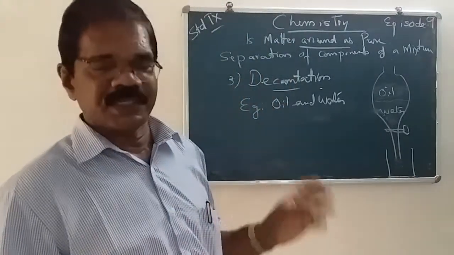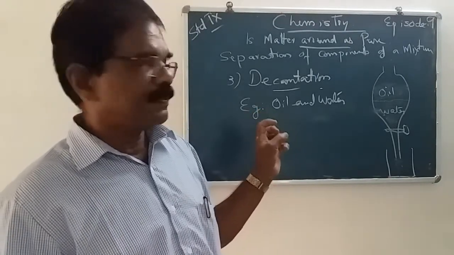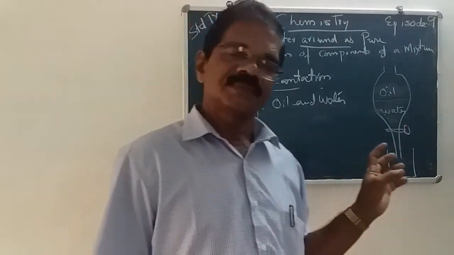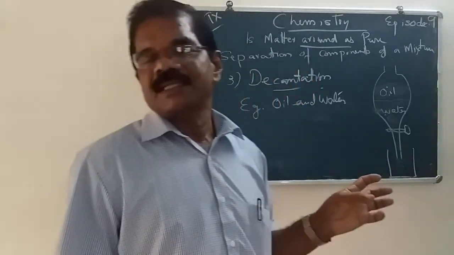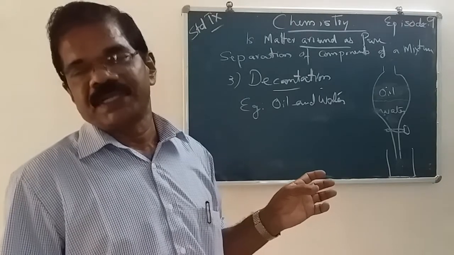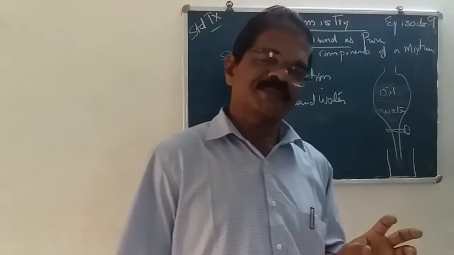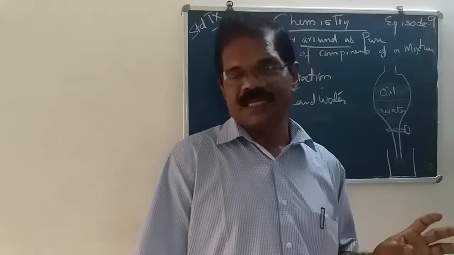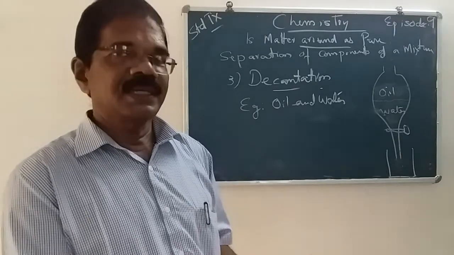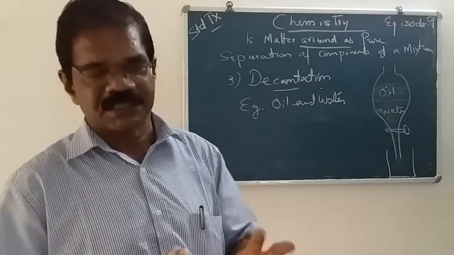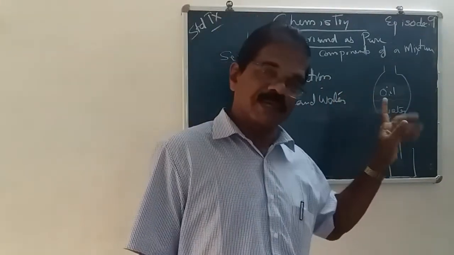This method is also used in the manufacturing of iron. In the manufacturing of iron, there are many impurities in the slag. Before we get pure iron from its ore, the impurities form a layer and the pure metal is mixed well and taken in a separating funnel.